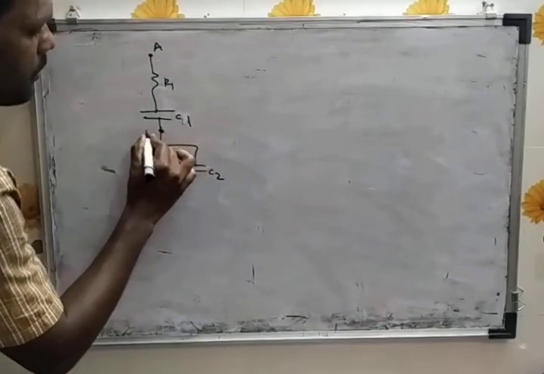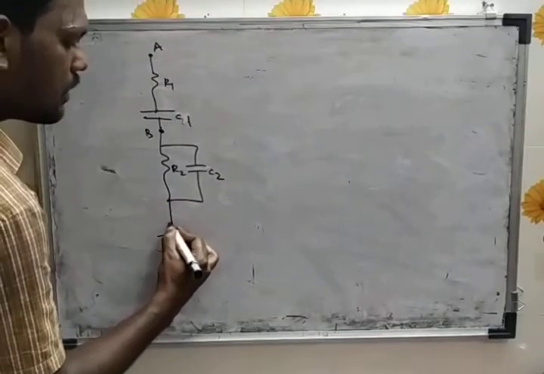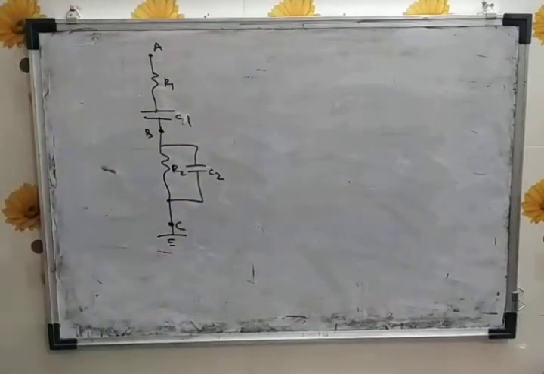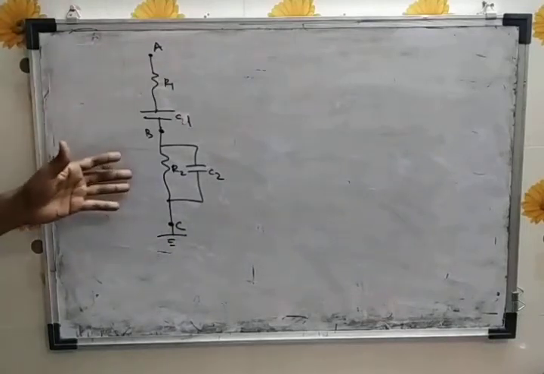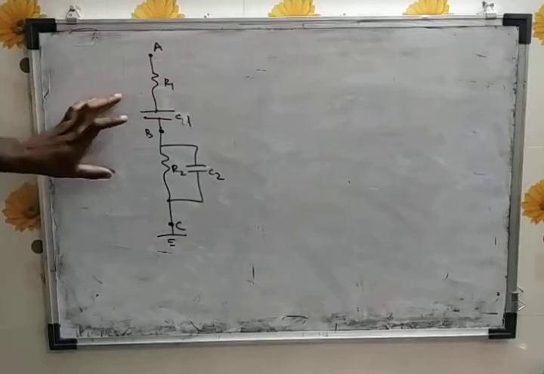This point is B, and this point is C. So these two arms are called frequency sensitive arms.